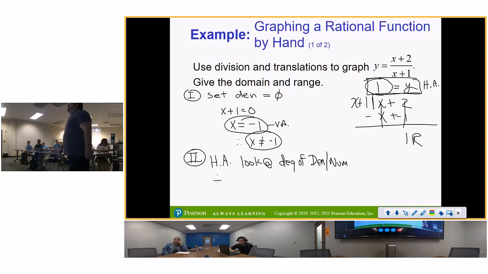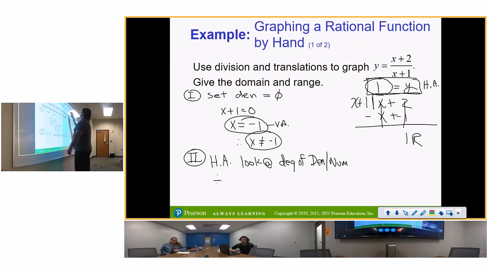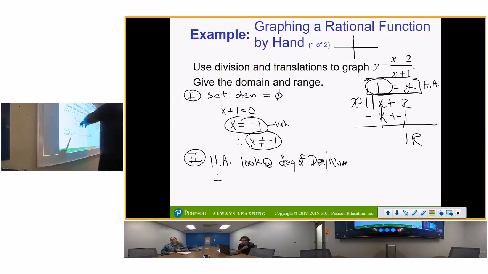So now, what kind of function do we have? We have a volcano, and it's going to look like the graph, but you've got to realize that the vertical asymptote is -1, and your horizontal asymptote is 1. So it's going to be like that.